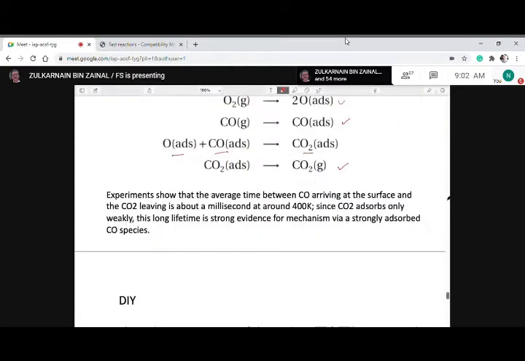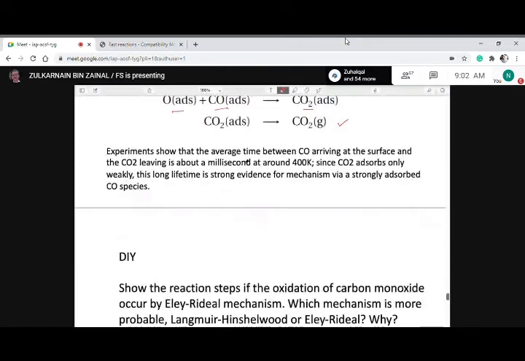So this experiment shows that the time between carbon dioxide arriving at the surface and CO2 leaving is about a millisecond at 400 K. Since carbon dioxide is absorbed only weakly, this long time is strong evidence that the mechanism occurs via strongly absorbed carbon monoxide species on the surface. So a millisecond is considered a long time for the process.